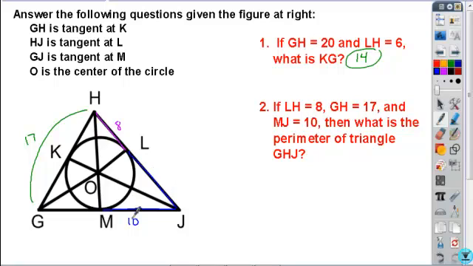It means that if HL is 8, then KH is also going to be 8. And then KG and GM are going to equal the same thing. If we wanted to identify what that is, if the whole thing is 17 and one part is 8, what's left for this other part, KG? 9, which then means the other tangent segment originating from the same point G is also going to be 9.